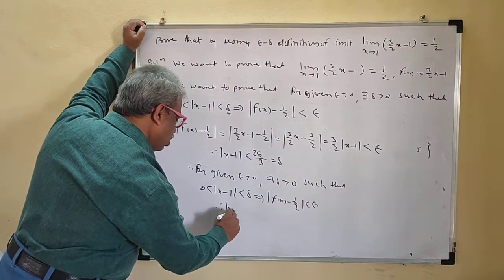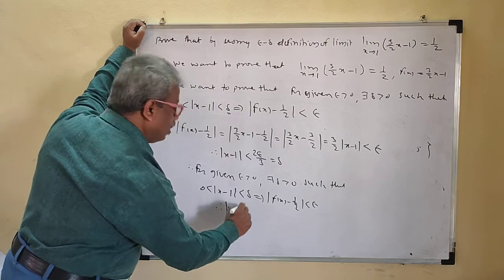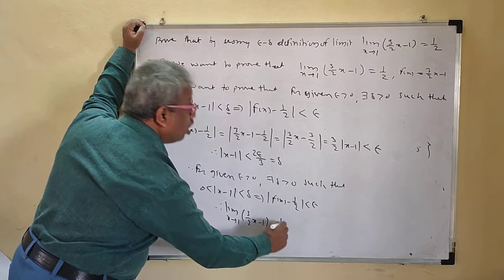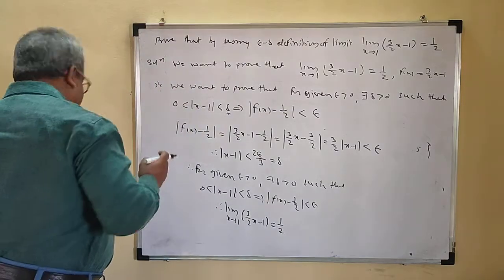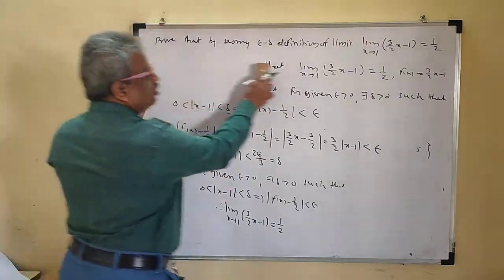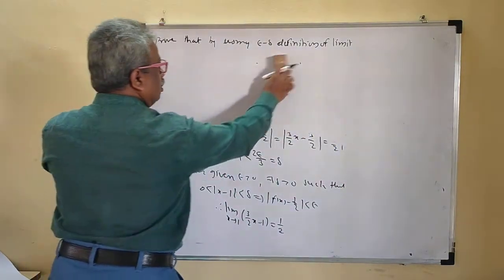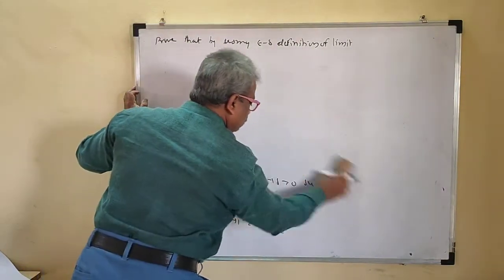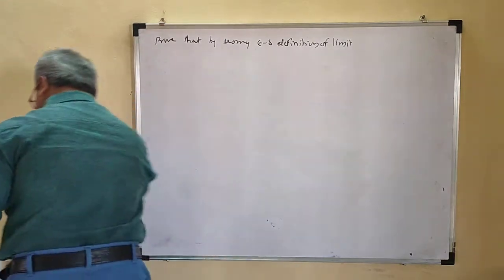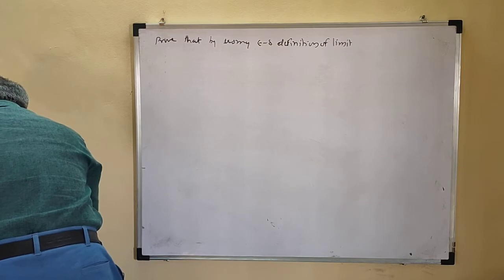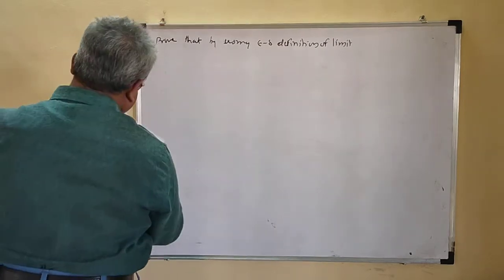So therefore limit x tends to 1 of the original function is equal to half. Okay, so now the problem is over here. We'll take the next one.